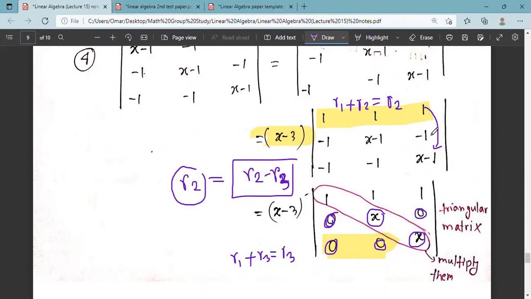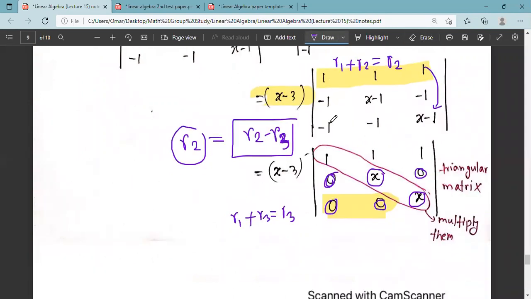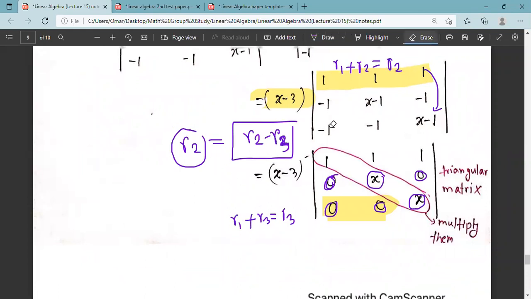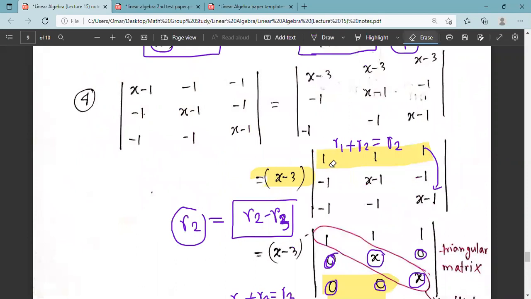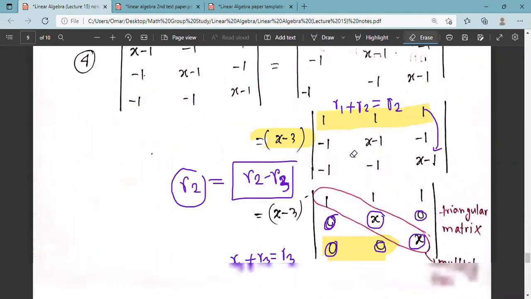I think there is some simpler way. For this example, they didn't do R2 minus R3, I think they did R1 plus R2 and then substituted the value. We already did it in the first case. Okay, fine.